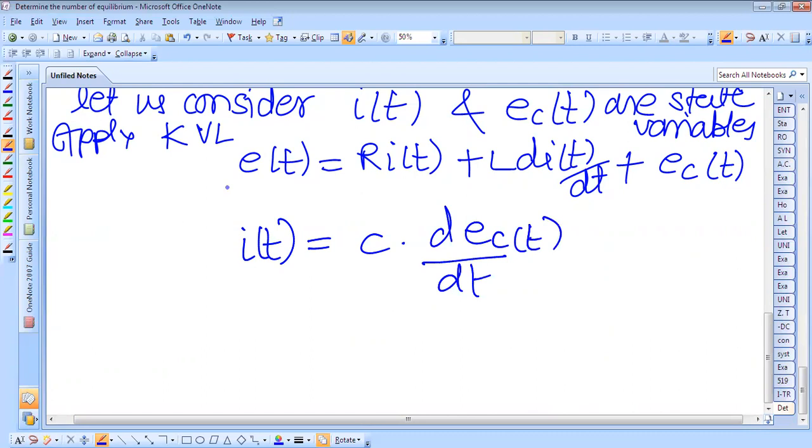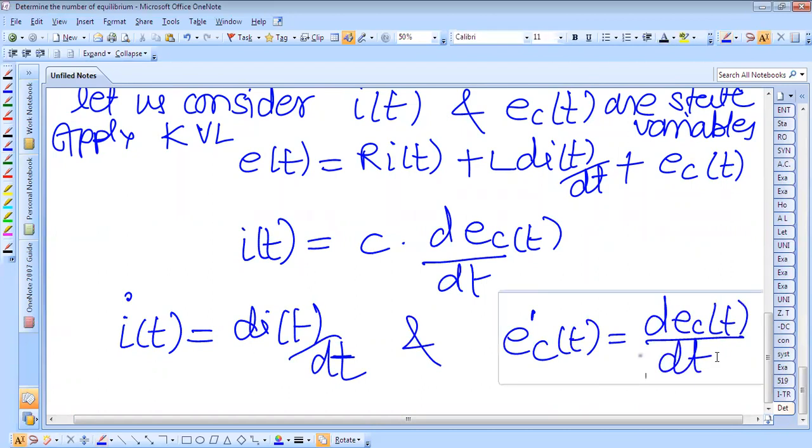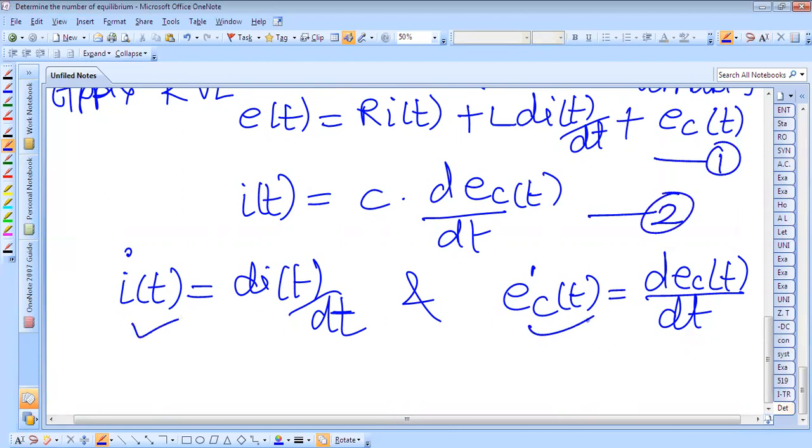As these are the state variables, we have chosen i(t) and ec(t), so we have to write i'(t) equal to di(t) by dt and ec'(t) equal to dec(t) by dt. So we have to solve the above two equations, equation number 1 and 2, for these values.